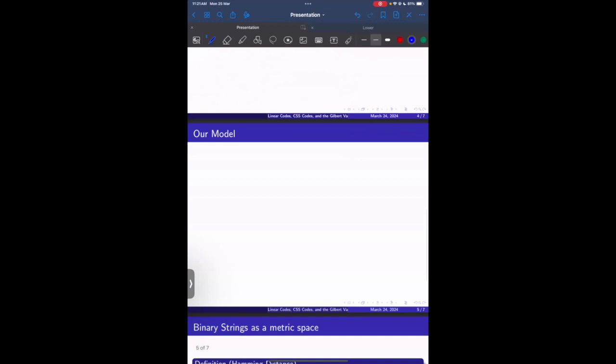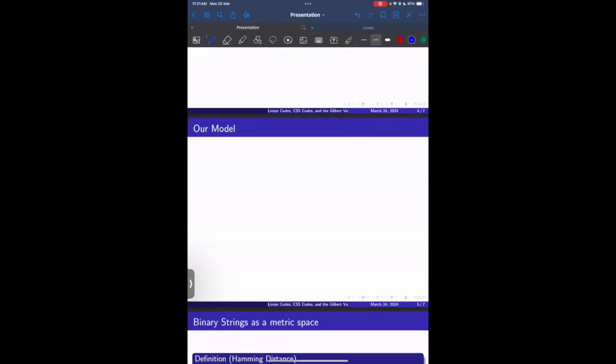So how will we model this scenario? In the classical setting, what did we have? We had a bunch of zeros and ones. So how can we describe this properly?